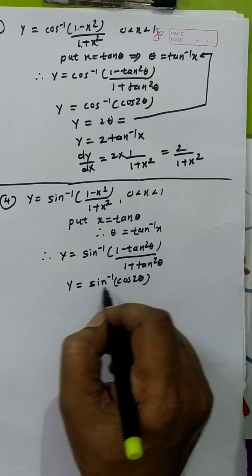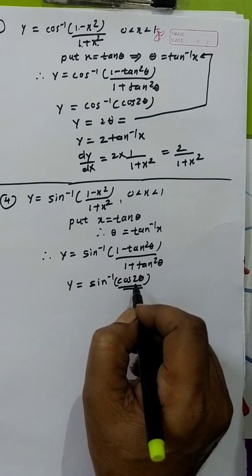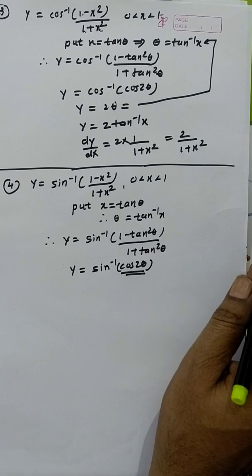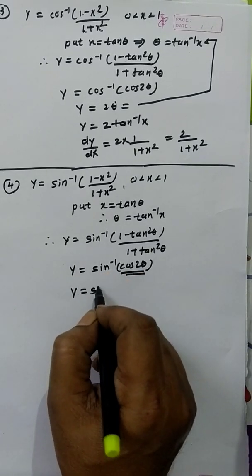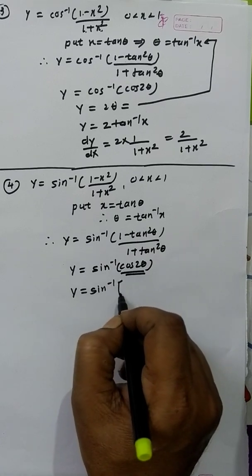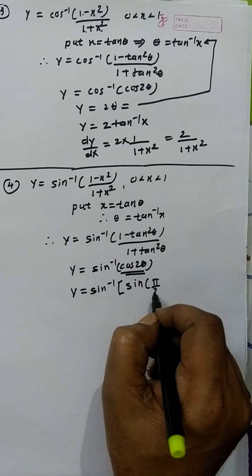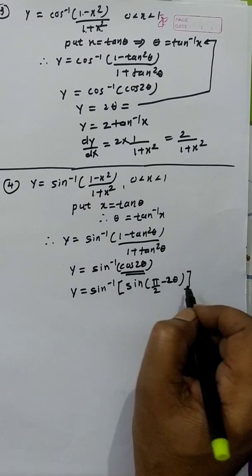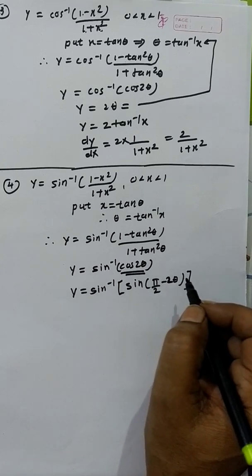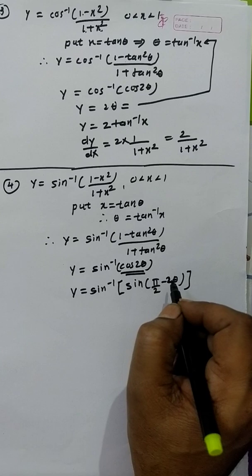But now it is not in the form of sine inverse of sine y. This cos 2 theta we should try to convert in terms of sine. So using a right angle conversion we can write cos 2 theta as sine of pi by 2 minus 2 theta, because sine of 90 minus theta is cos theta. So sine of pi by 2 minus 2 theta will be cos 2 theta.